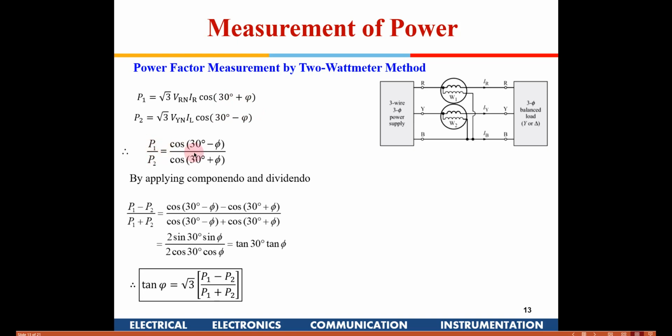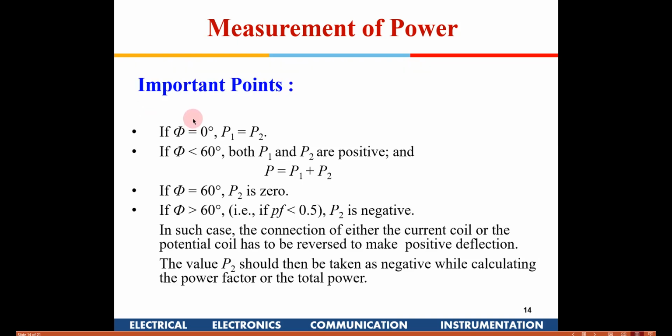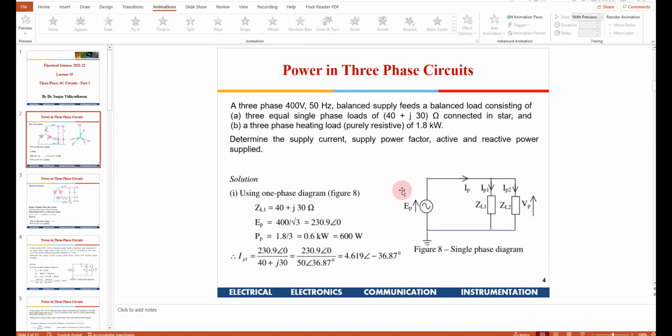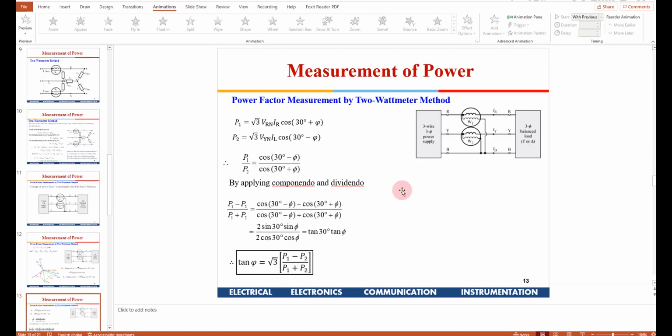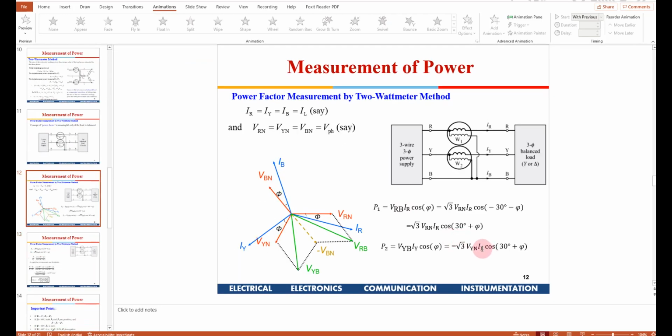So if you divide these two, because it is a balanced load, that is why I said it is applicable only to a balanced load. So this IR, IL and VR and VL, these will be equal. IR will be equal to IL and VRN will be equal to VYN. Okay, this will be IY again. Sorry, there is a mistake there. Let me correct it straight away.